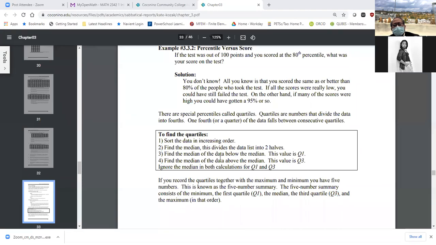And find the median of the data above the median, the median of the second half of the data. We call it the third quartile or Q3. Okay?